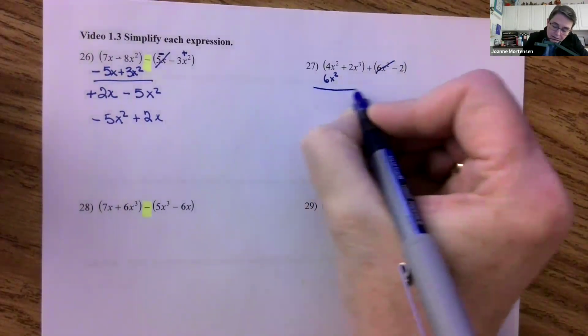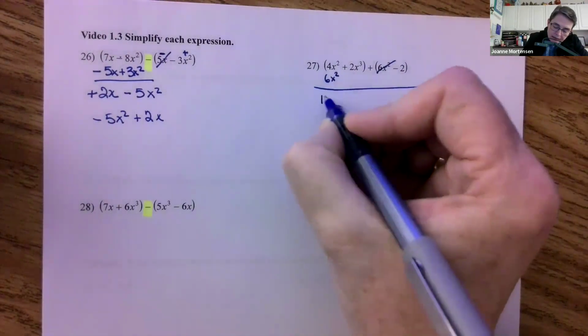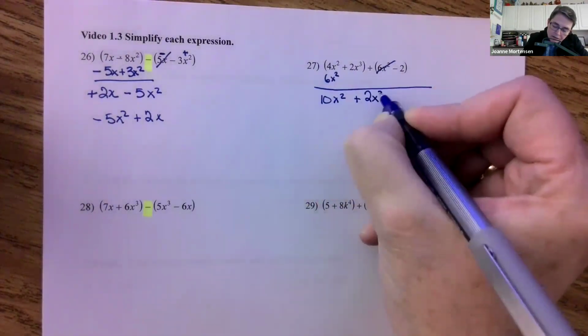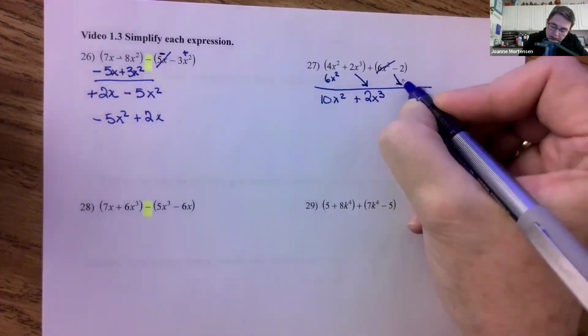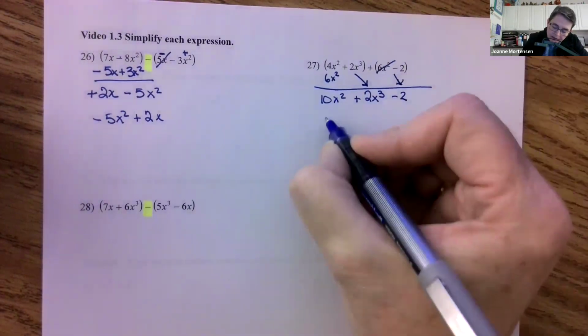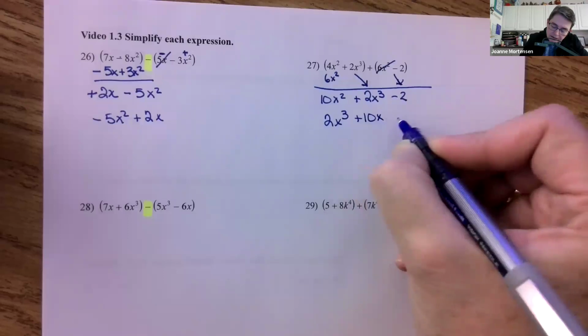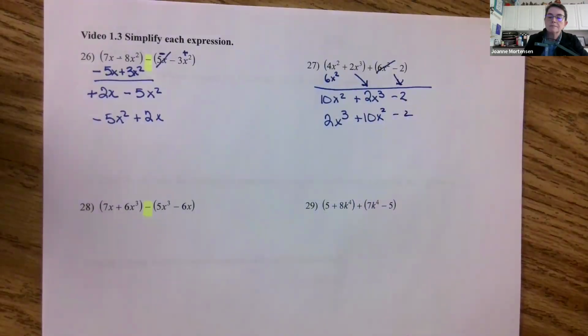So there was only one little bit to stack. 4 and 6 is 10x squared. The rest just comes down because it's all by itself. So 2x cubed plus 10x squared minus 2. And there we go.